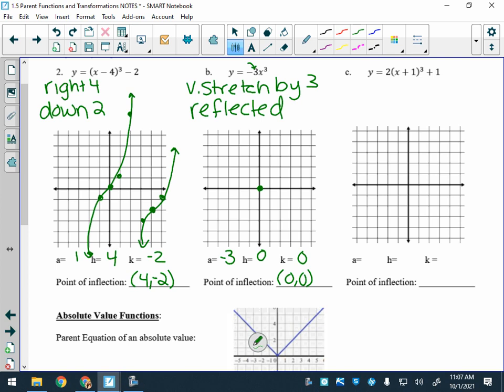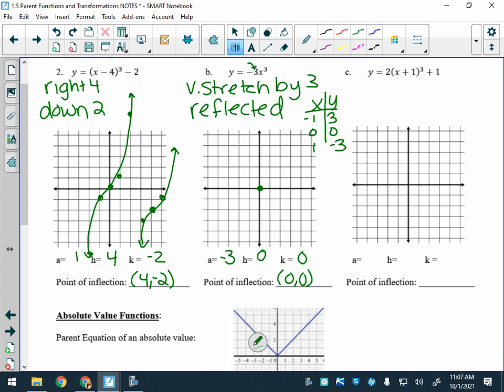So what that looks like, if I just take negative 1, 0, and 1, what is negative 1 cubed? Negative 1 times negative 3 is 3. 0 cubed, 0 times negative 3 is 0, because that's still our point of inflection. Then 1 cubed is 1 times negative 3 is negative 3.